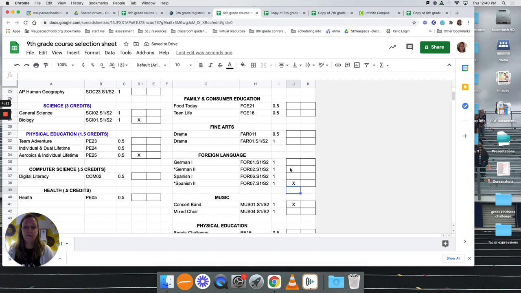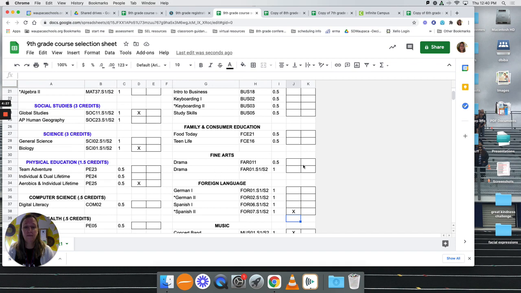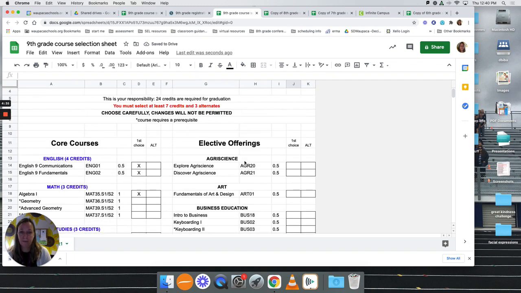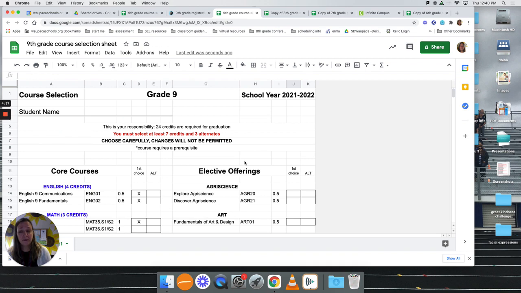That's 4.5, 5.5, 6.5. That means I need 1/2 a credit, and I would like to take 1/2 credit of drama. So there we are. That adds up to 7 credits now. If I were to put in 8 credits, that means that I wouldn't have a study hall, and they highly recommend a study hall.